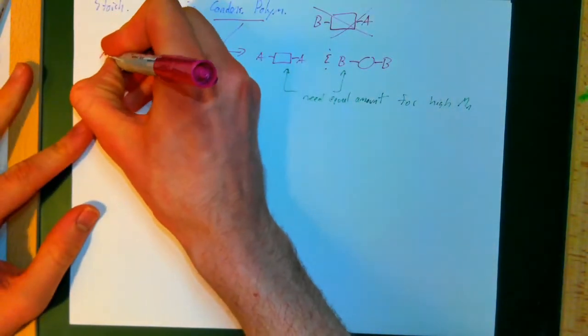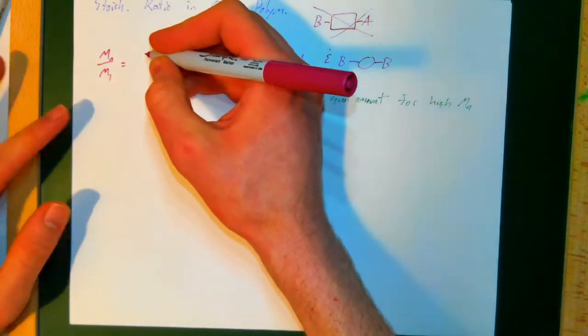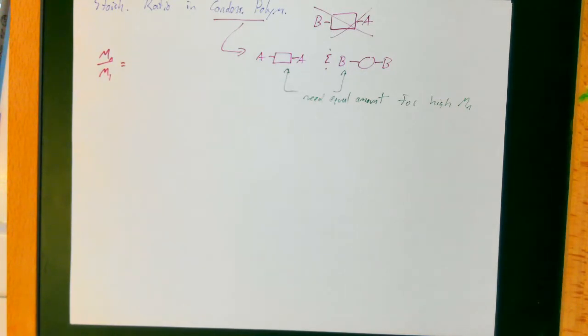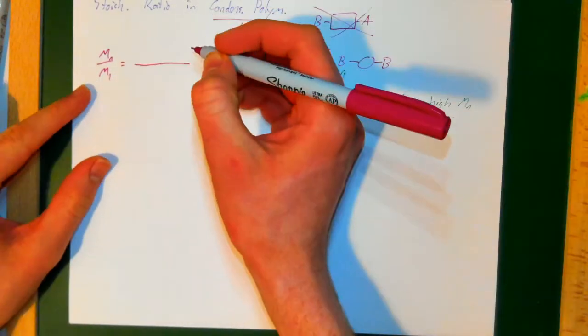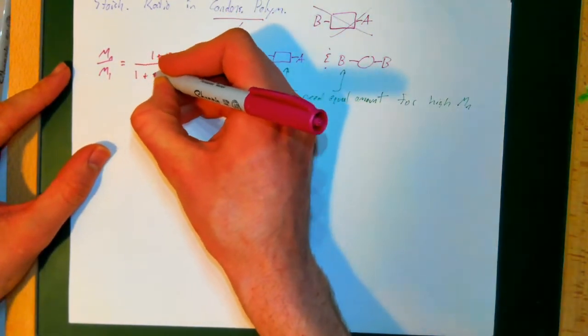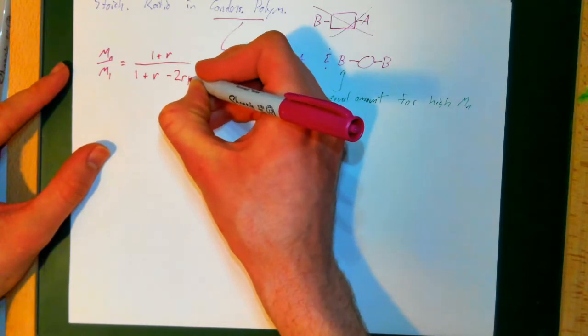And if you remember, there was a formula for M sub n over M sub 1 that was equal to the following: 1 plus r over 1 plus r minus 2rp.